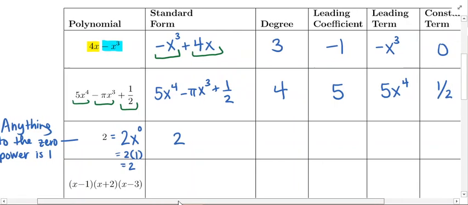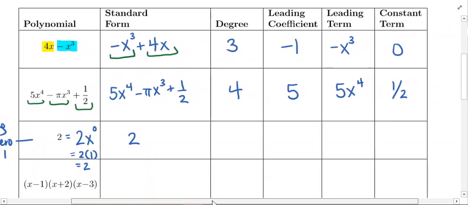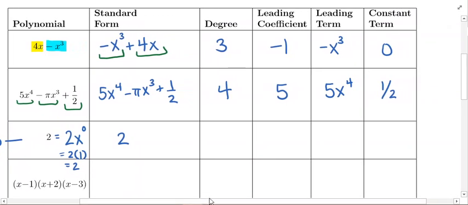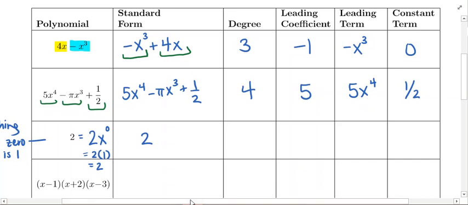Okay, so that's why technically this is a polynomial, because it's really a power of x. It's just the 0 power of x. So the degree of this particular polynomial is 0. Anytime you have just a number as your polynomial, its degree is 0, because it's the number times x to the 0 power.